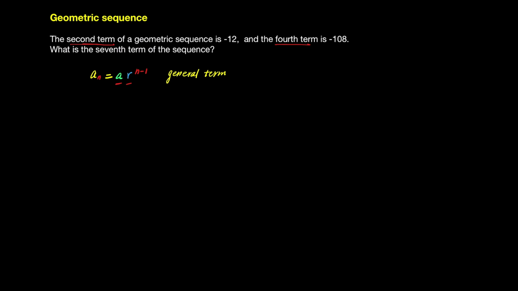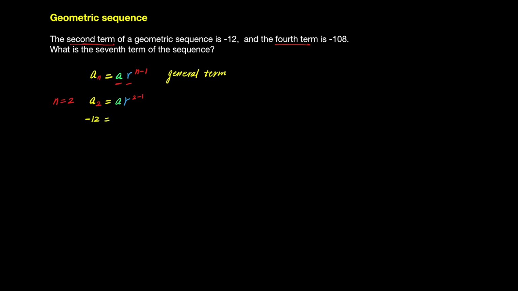For the second term, we know that n equals 2. Using this general term, a2 equals a r to the power of 2 minus 1. We know that a2 equals minus 12.